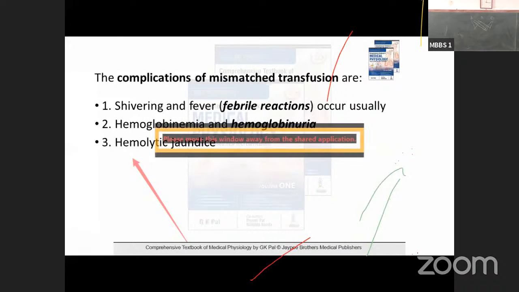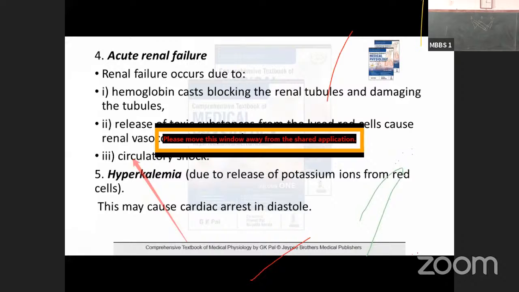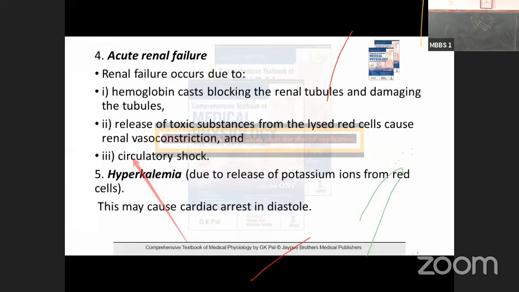Complications: shivering and fever, that is febrile reactions, hemoglobinuria, hemolytic jaundice because of the hemolysis. Acute renal failure, because hemoglobin blocks the renal tubules and damages them. Circulatory shock may occur. Hyperkalemia, an increase in potassium ions, causes cardiac arrest.